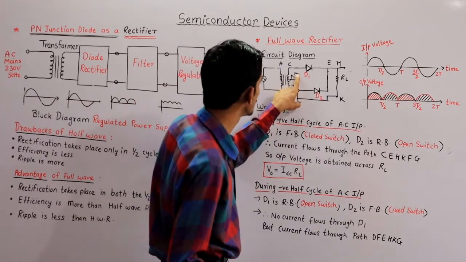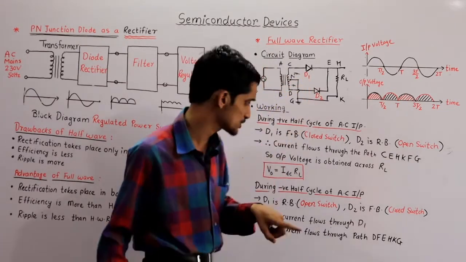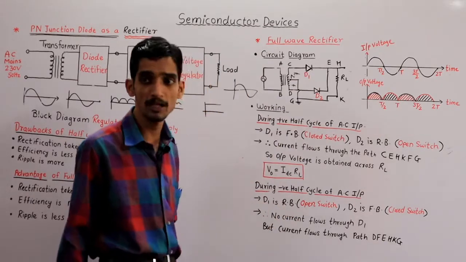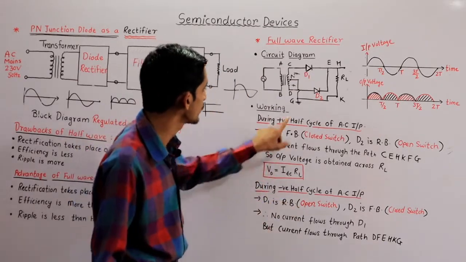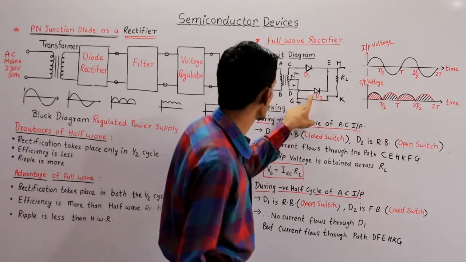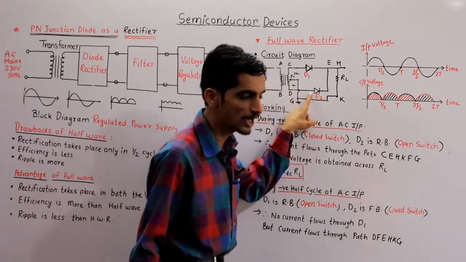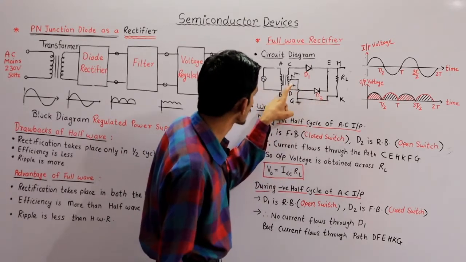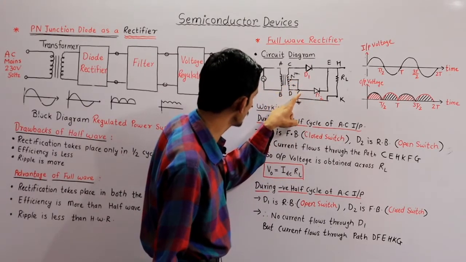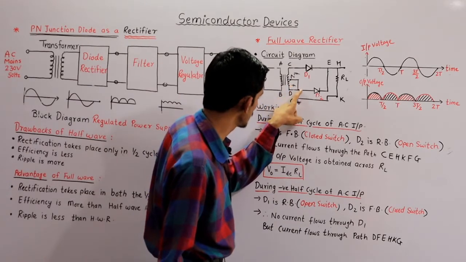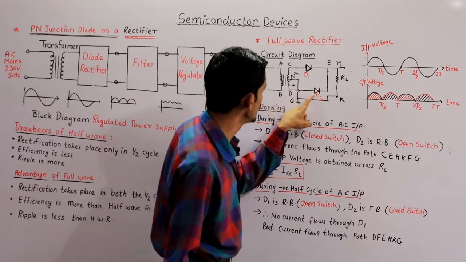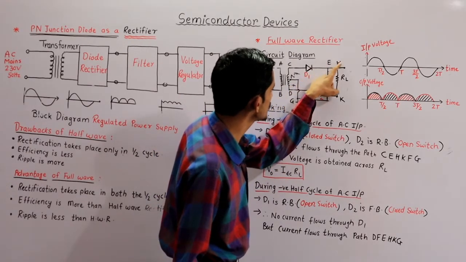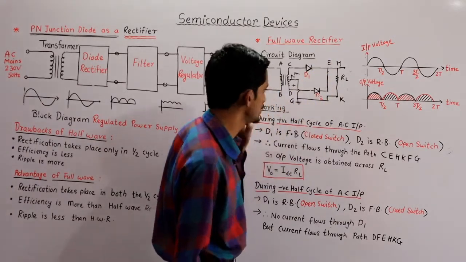Now diode D1 is reverse biased and acts as an open switch, and diode D2 is forward biased because this point is positive: anode is positive, cathode is negative. So now it is a closed switch. Current flows from D to E, then from H to K and then G.